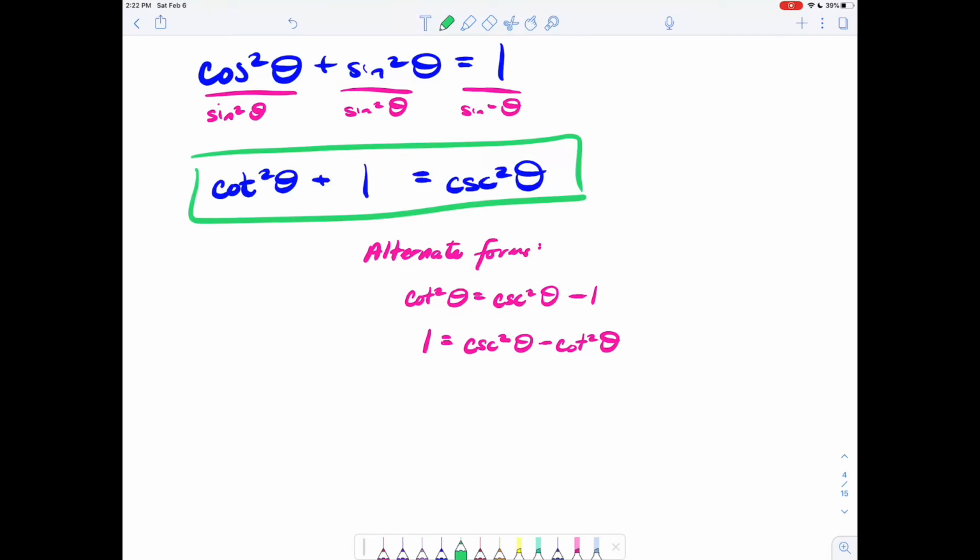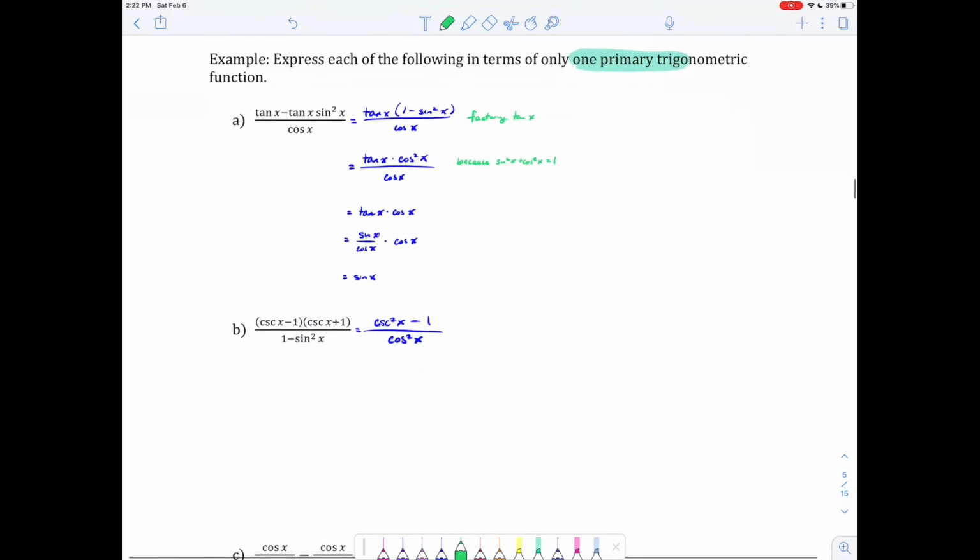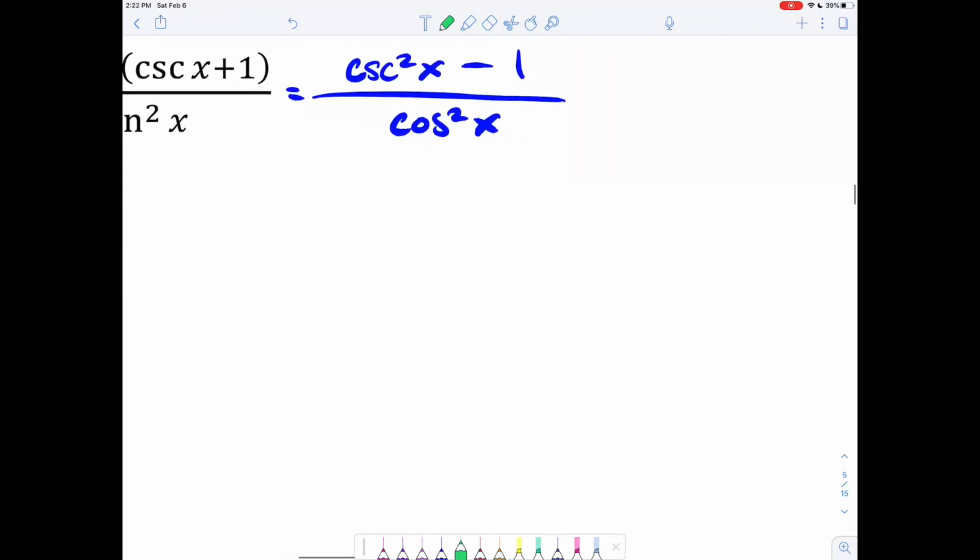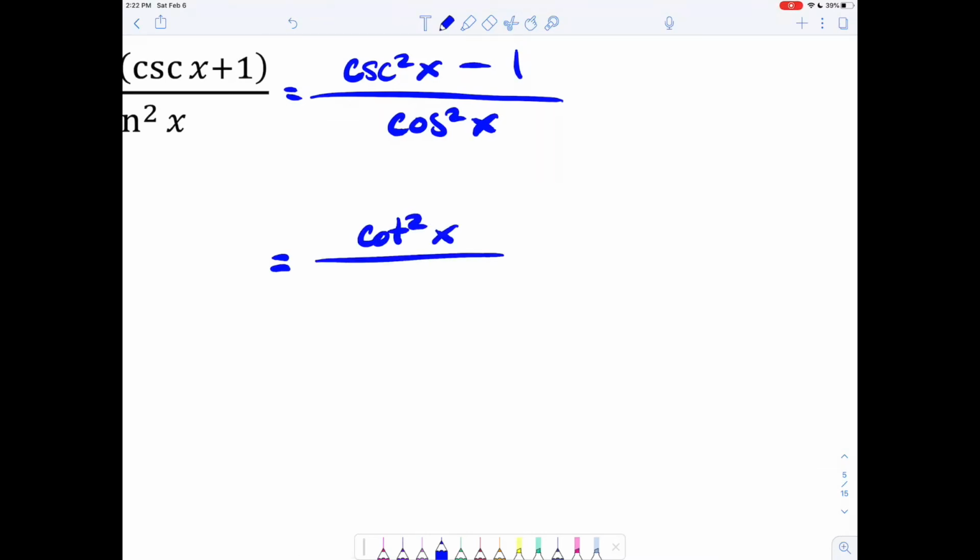So, if I have cosecant squared theta minus 1, that's equal to cotangent squared theta. I'm not dealing with thetas here, I'm dealing with x's, but the rule's still the same. Cosecant squared x minus 1 is equal to cotangent squared of x. And the bottom, I made no changes.